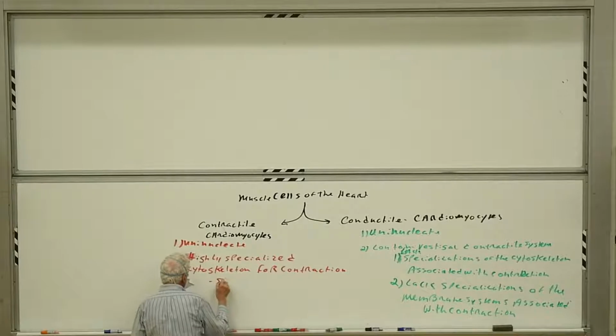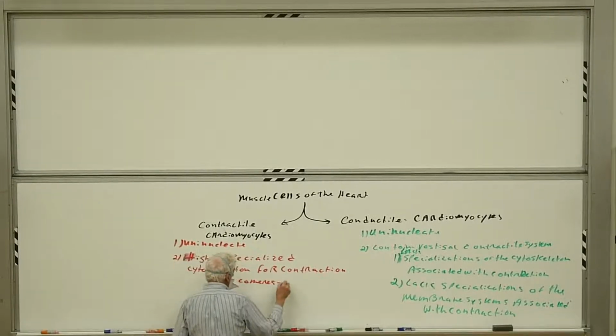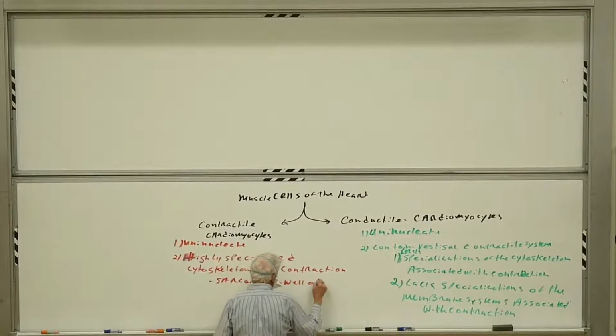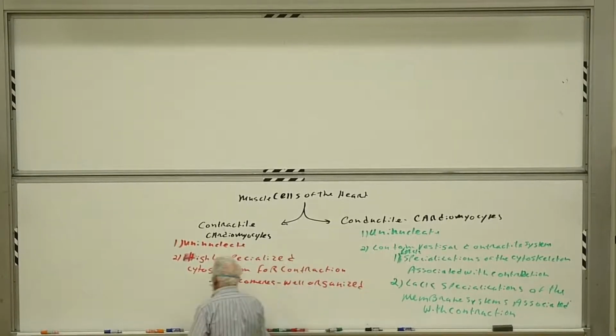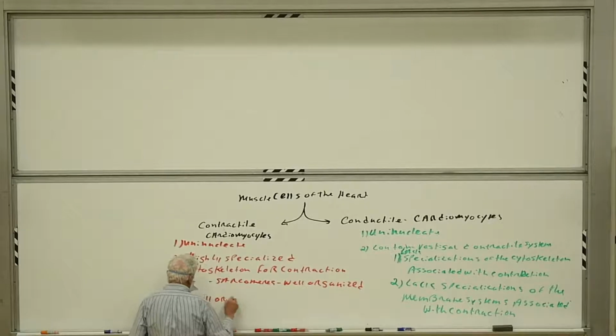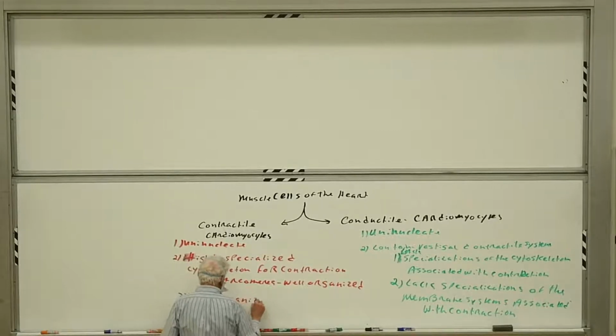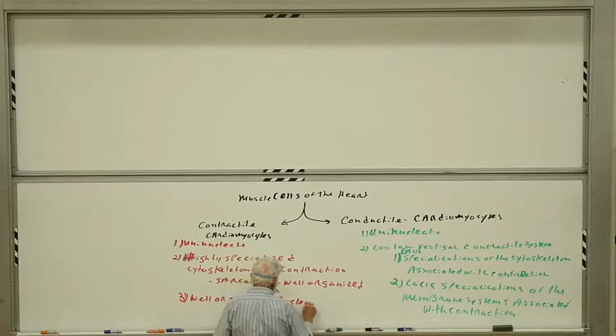So they have sarcomeres. They're well organized. We see also that they have a well organized system of membranes.